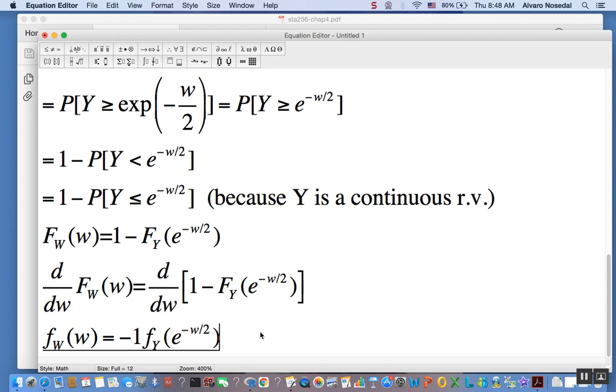The derivative of e to the something is e to the something times the derivative of the something. So in this case it's e to the negative w divided by 2 times the derivative of the exponent with respect to w, which is just -1/2.